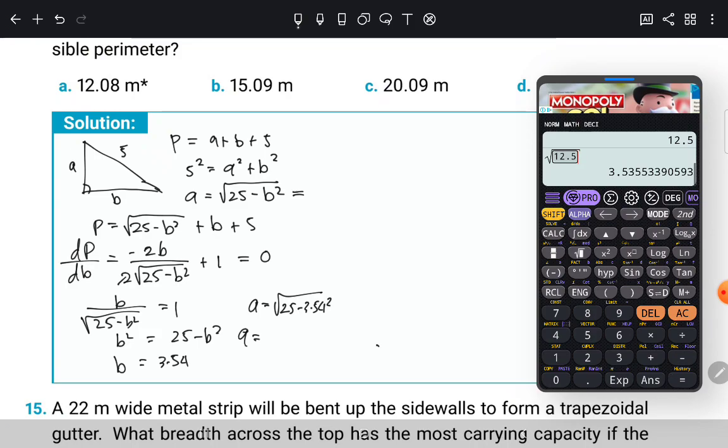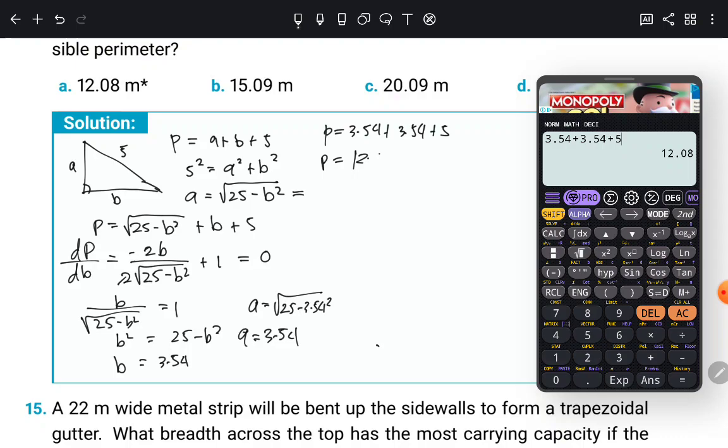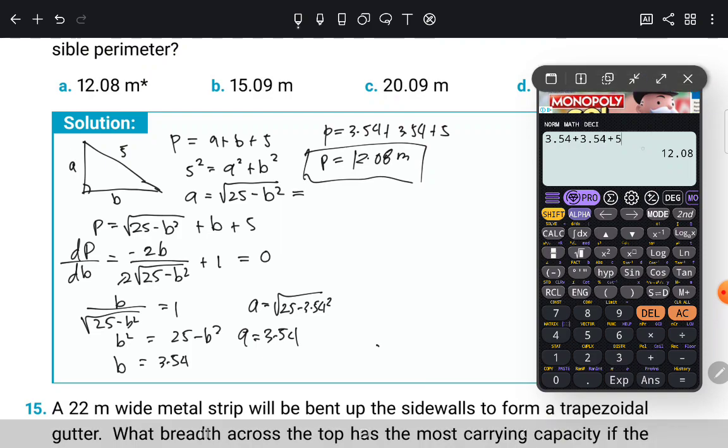And A is also equal to 3.54. So if we solve for the perimeter now, it will be 3.54 plus 3.54 plus 5. And the answer is 12.08 meters. So that's the perimeter.